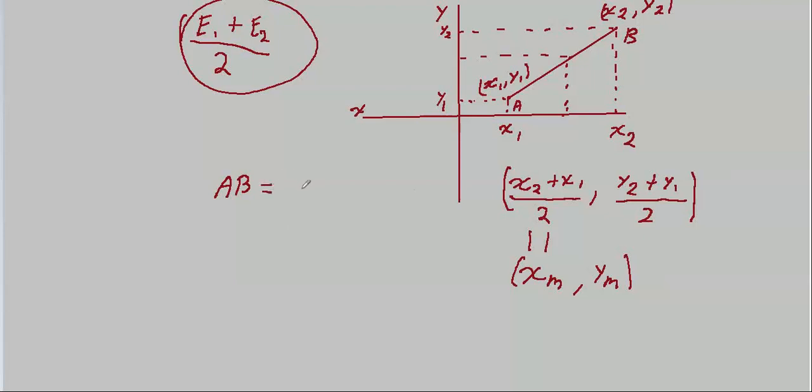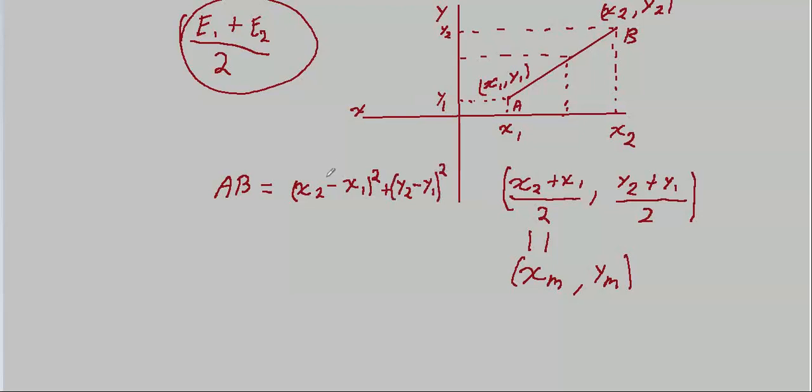Well, you're going to take x2 minus x1. Don't add them together this time. And you're going to square it. And then you're going to add y2 minus y1, and you're going to square that.